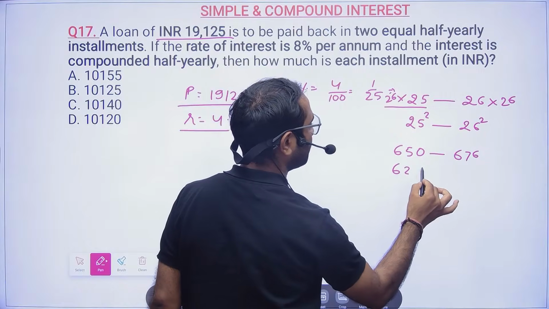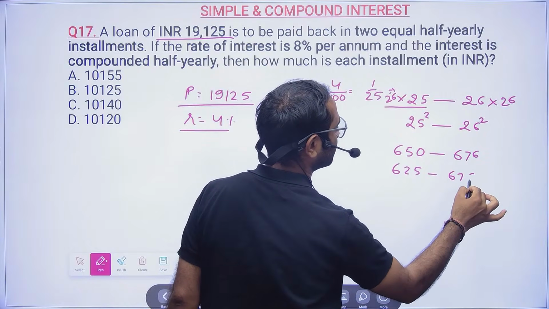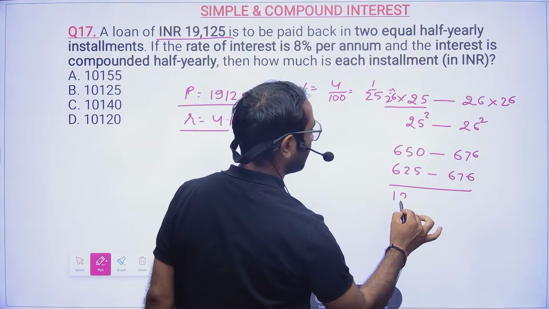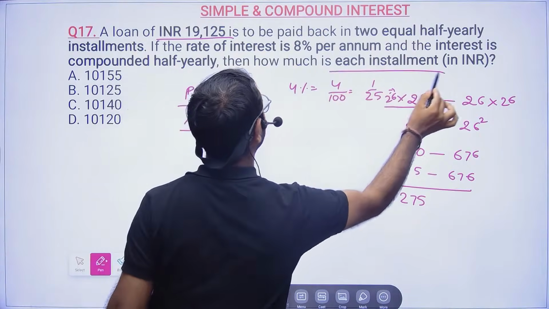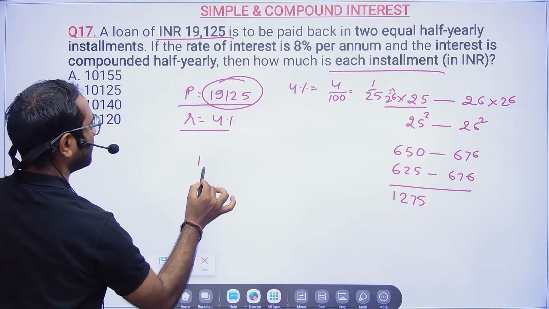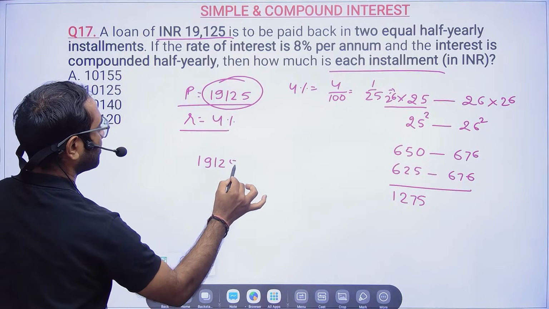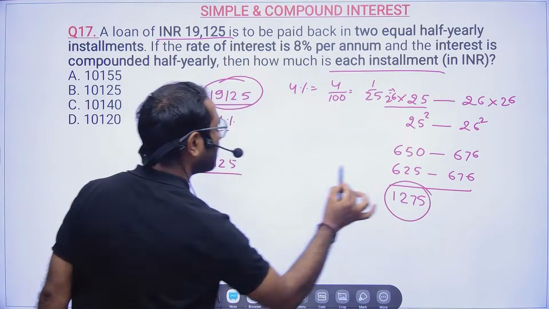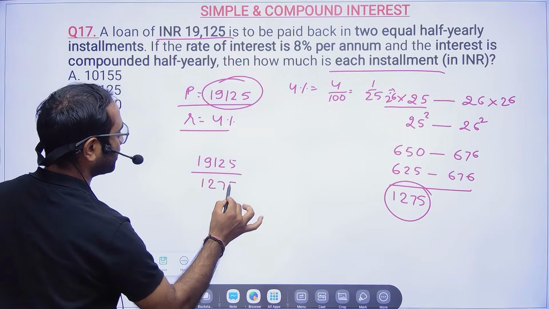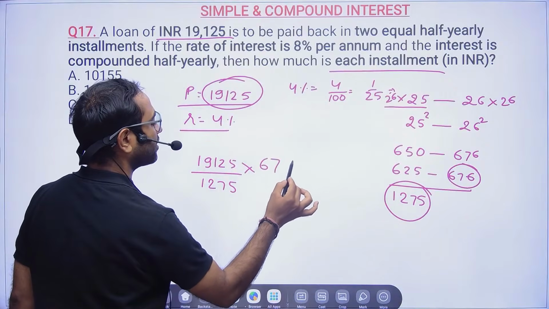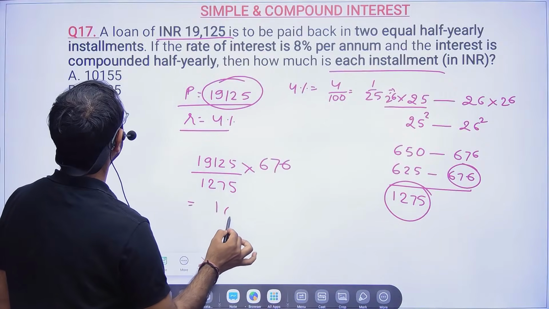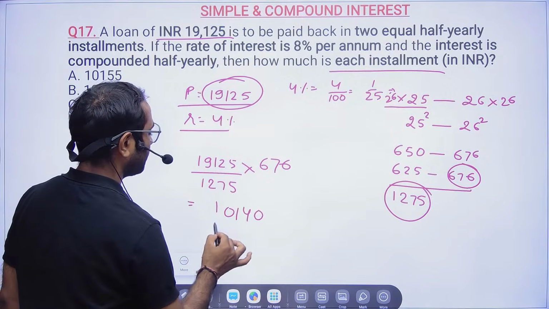This is 625 and this is 676. Total is 1275. They are asking each installment. What is given? 19,125 is given as principal. Our ratio total is 1275. Each installment is 676 parts. If you calculate, you will be getting 10,140, right?